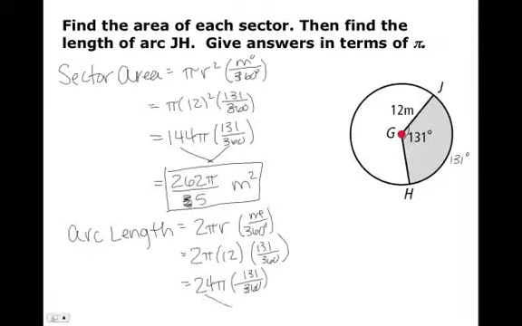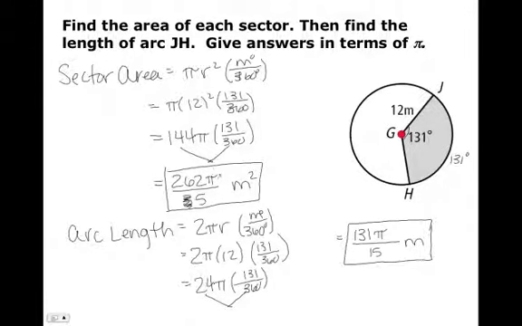So now when we multiply 24 times our fraction, we get that the arc length is 131 pi over 15 meters. And because circumference is just in that unit, then the arc length is also in just that unit.